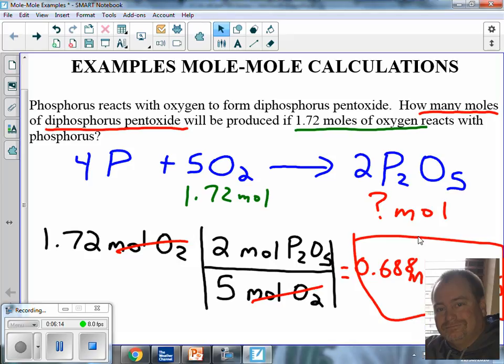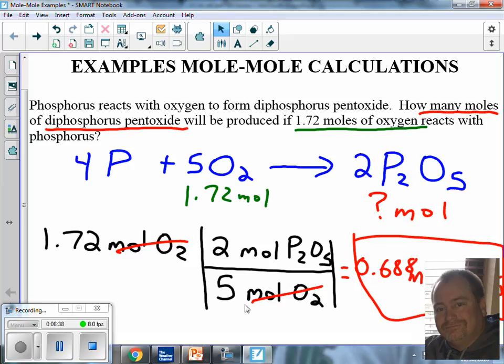Right, the question mark right here that I have is my unknown, what I'm trying to find. How do I know to get, once again, that's the molar ratio right here. This is the molar ratio. This comes from the balanced chemical equation.